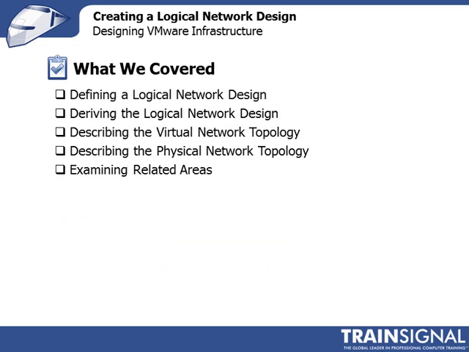As we wrap up this lesson on the logical network design now, let's review what we covered. We talked about defining the logical network design and what the components are that are included in a logical network design, the physical network topology, or a logical view of the physical network topology, as well as the virtual network topology are both included.